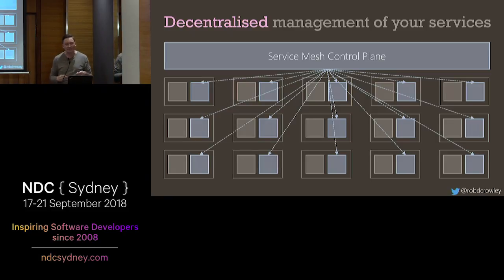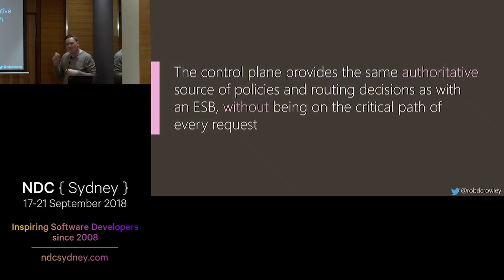So we have one place where we can configure all of these services, with those configurations applied in each sidecar proxy next to each service. This is a massively powerful capability because, just like with the ESB, it provides the same authoritative source of policies. There's one place to configure this, one source of truth.